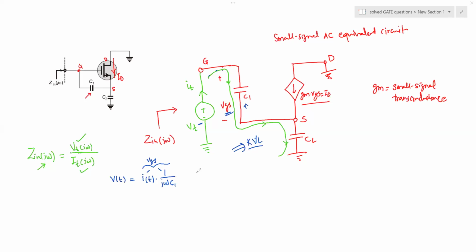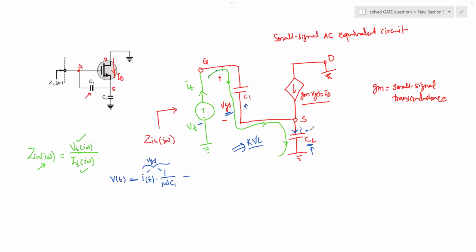Okay, so V of t minus this drop, minus. Now I want to get the drop across this capacitance CL. So that would obviously again be the current I multiplied by the reactance, or impedance, of this capacitance CL.